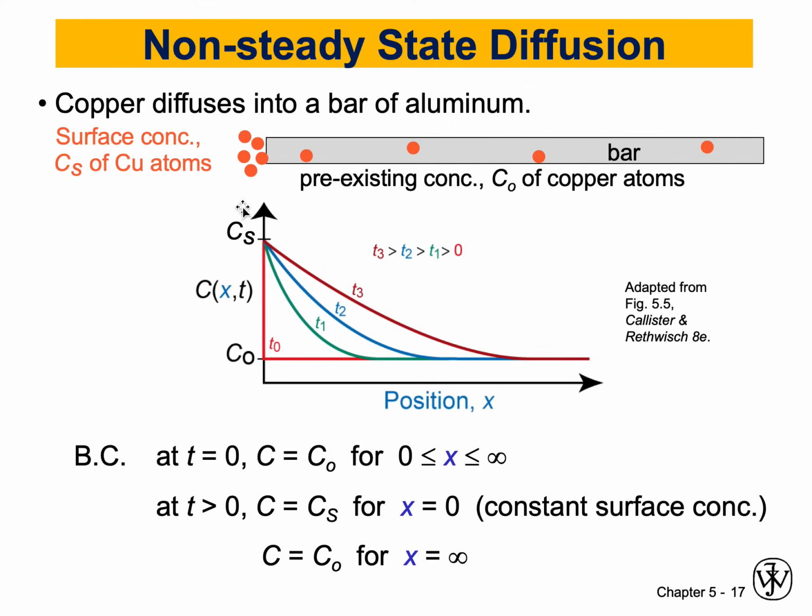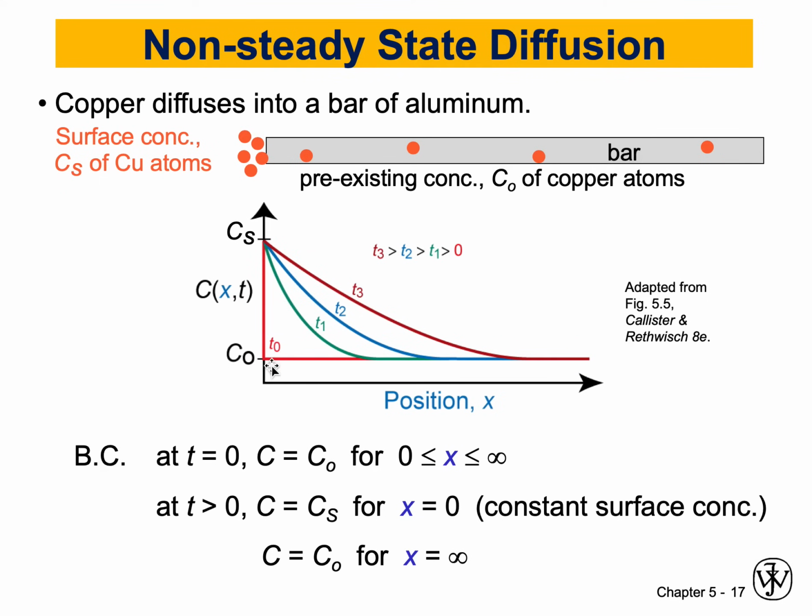Let's assume at time equals 0, this red line, I have the initial concentration of copper inside the bar. So I have this amount of copper inside my aluminum bar, and at the surface I have a larger concentration. Here's my assumption that CS will be constant all the time, which means that I'm supplying copper all the time to this location, so that we are not going to deplete it and it's not going to change the concentration.